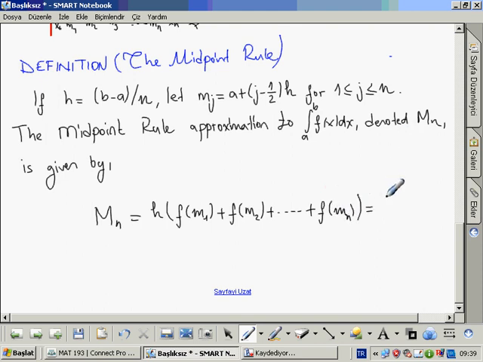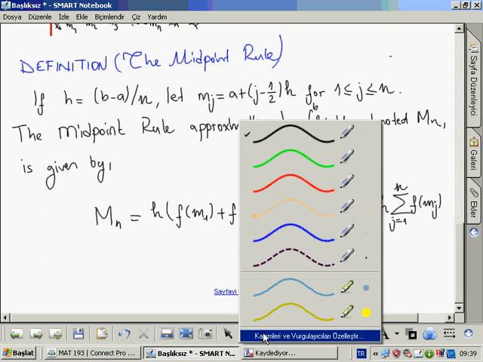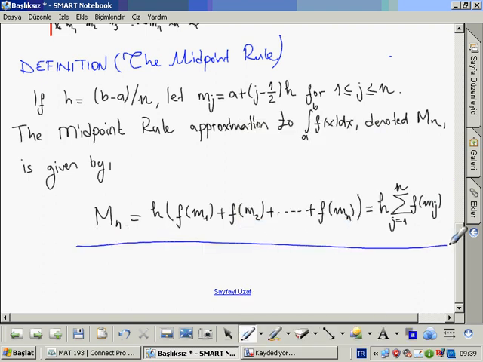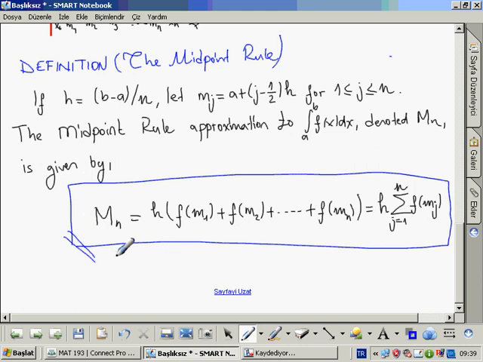That means, in generalized form, h times the summation from j equals 1 to n of f of mj. This is the trapezoid rule. I'm sorry, this is the midpoint rule.